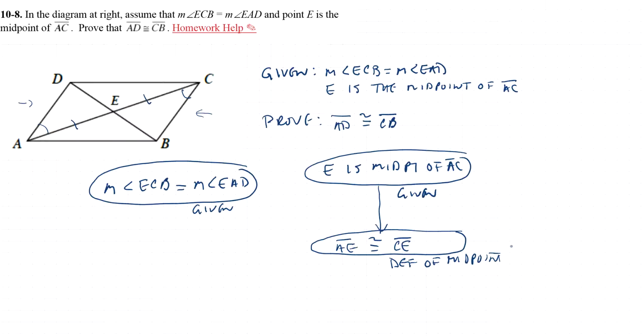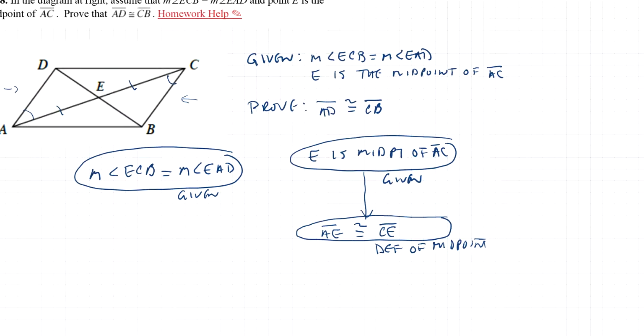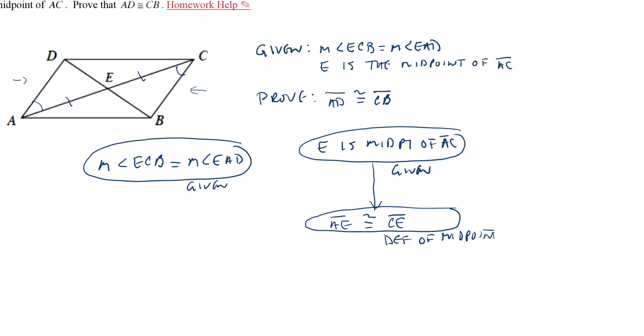Alrighty. So what else do I need to know? Alright, so what else I see here is I know that this angle right here is going to be equal to the other, because those are vertical angles.